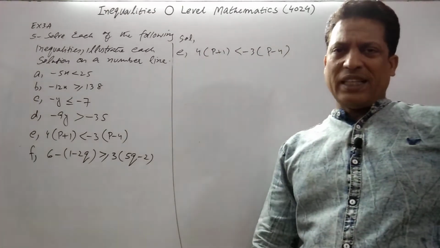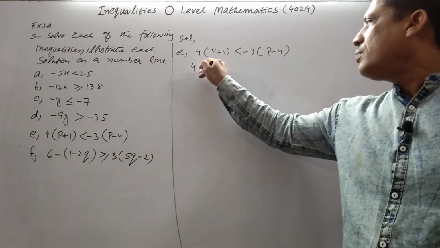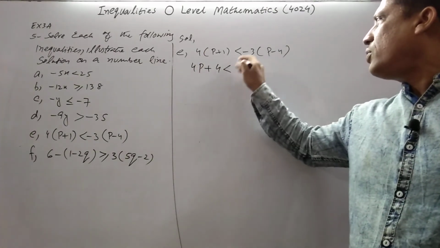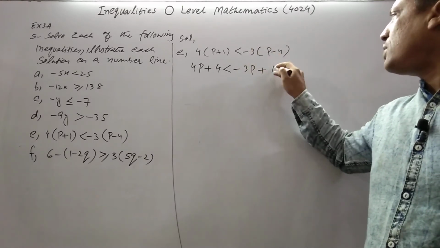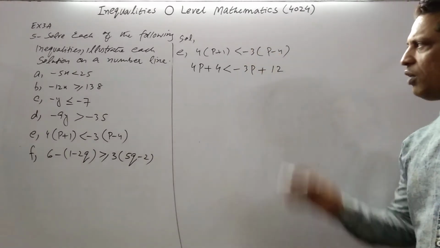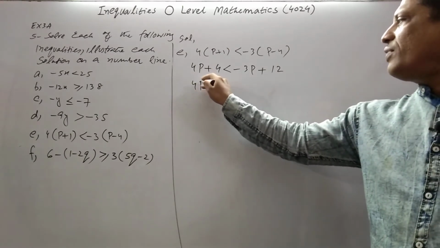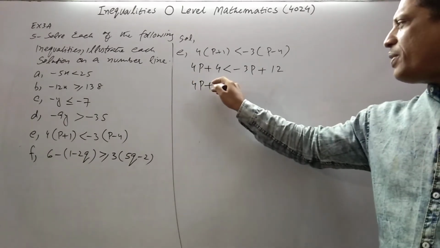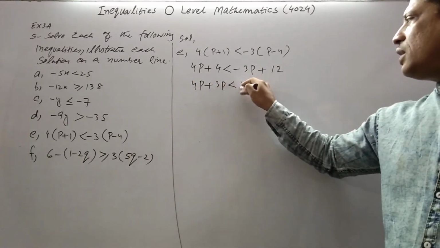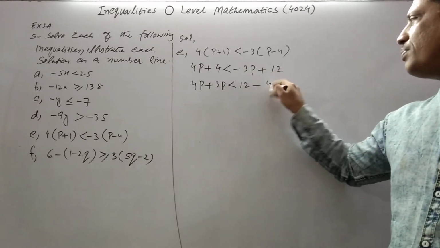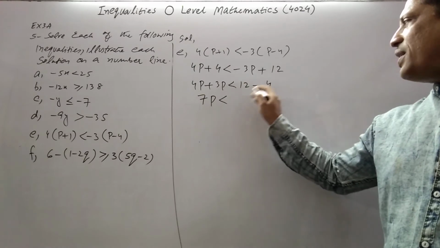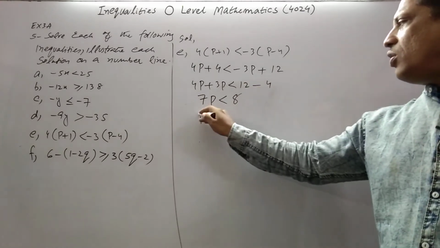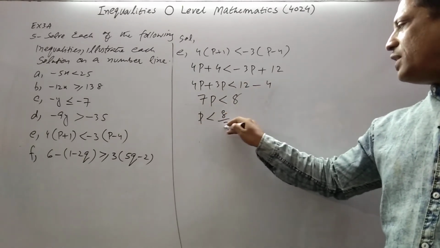First multiply 4 by the bracket, 4 into p, 4p, 4 1s are 4, minus 3 into p, minus 3p, minus minus plus 3 4s are 12. Collect all p on one side. Minus 3p becomes plus 3p on this side and 4 becomes minus 4 on this side. 4 plus 3 is 7p. 12 minus 4 is 8, so p is less than 8 upon 7.